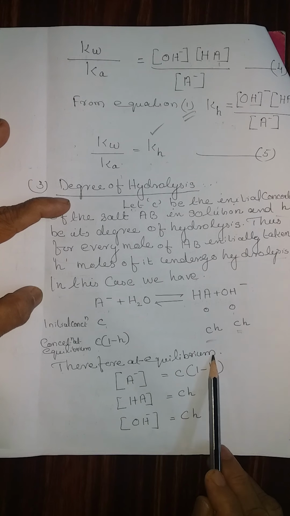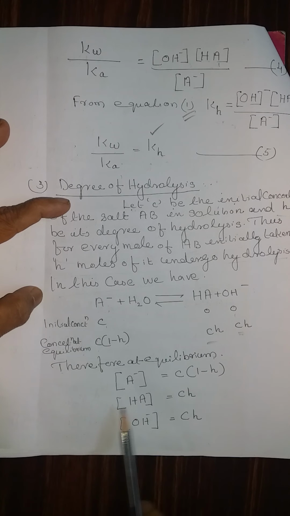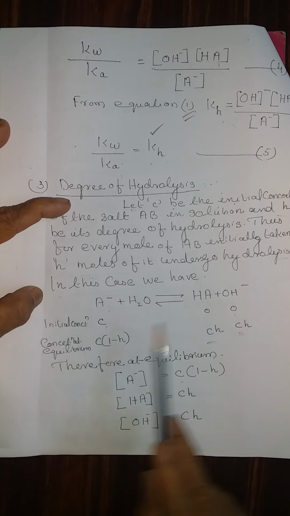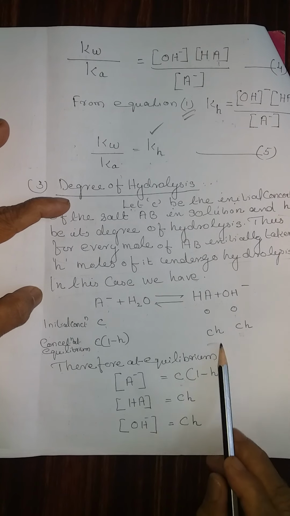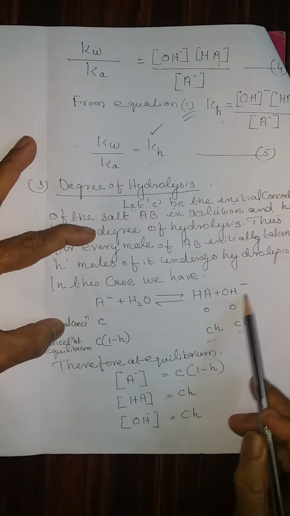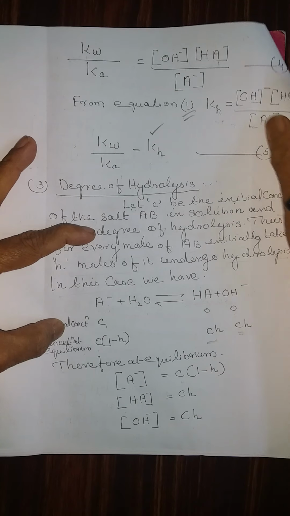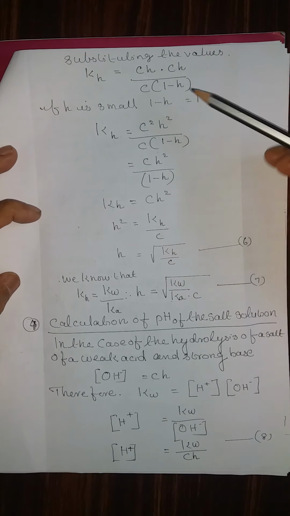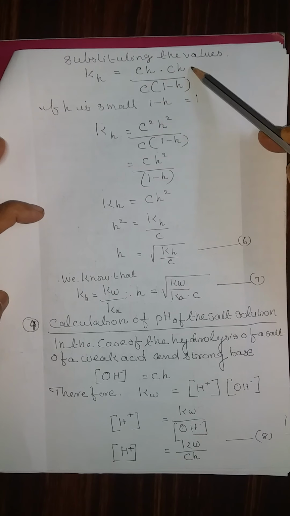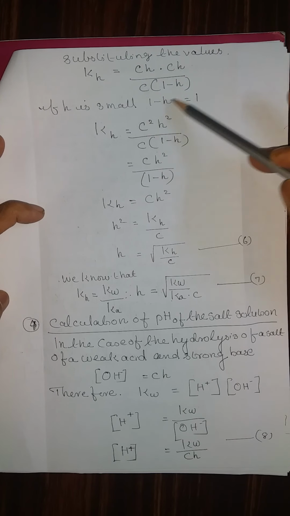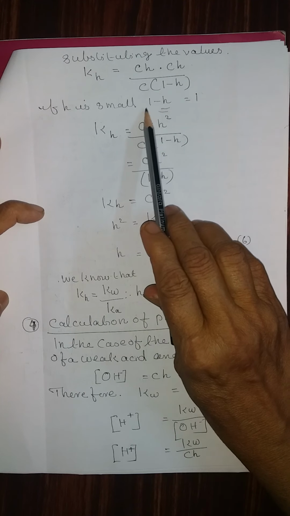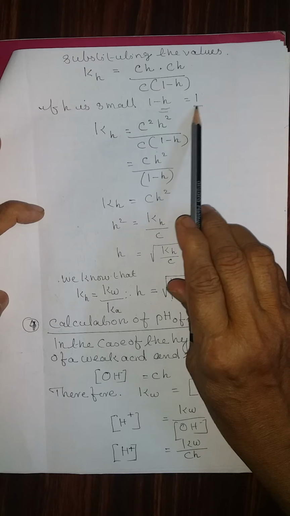Therefore, at equilibrium, concentration of A minus is C into 1 minus h, concentration of HA is Ch, and concentration of OH minus is Ch. Substituting the values, KH is equal to Ch into Ch divided by C into 1 minus h. Consider that h is very small, that means 1 minus h is equal to 1.